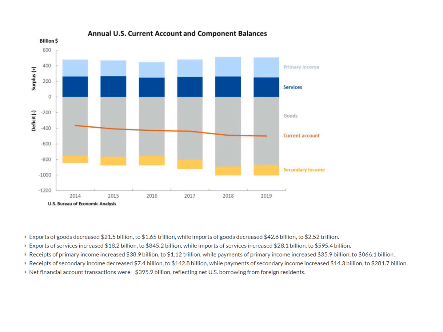At the same time, we mentioned the idea of a Japanese automobile manufacturer such as Toyota, Subaru, or Honda have set up shop here in the United States. Those companies generate income for these foreign entities. That's a primary income outflow. So notice that primary income, or net earnings on cross-border investments, was a positive for the U.S. current account between 2014 and 2019 in every year.